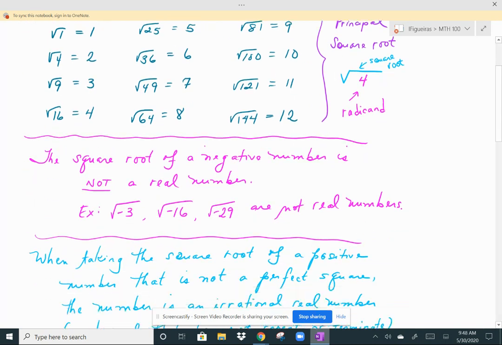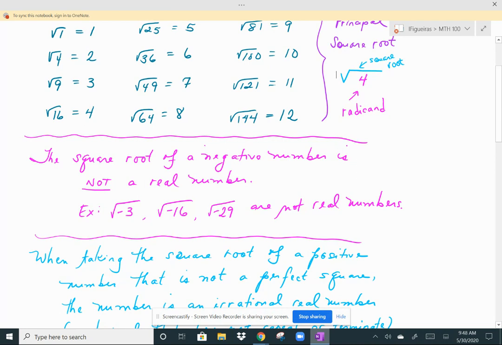If you're taking the square root of a negative number, you don't get a real number result. So if you encounter any problems in your homework where you're taking the square root of something that's negative on the inside, your answer will be that it is not a real number, because it is impossible to multiply two numbers twice to get the result on the inside.